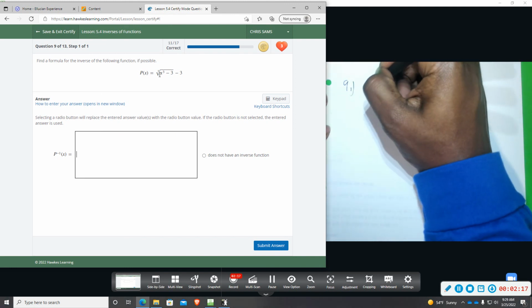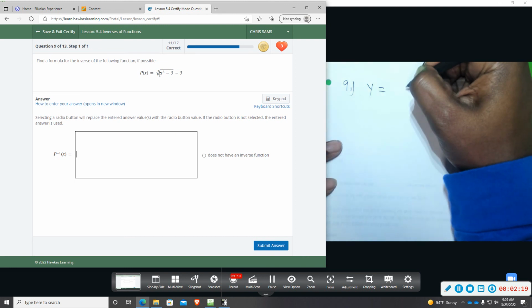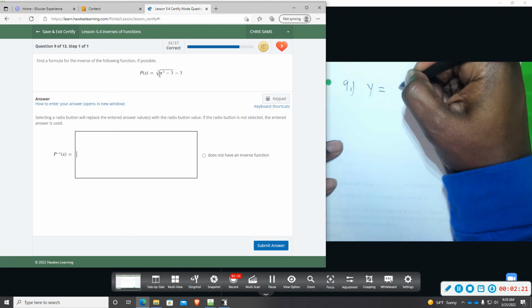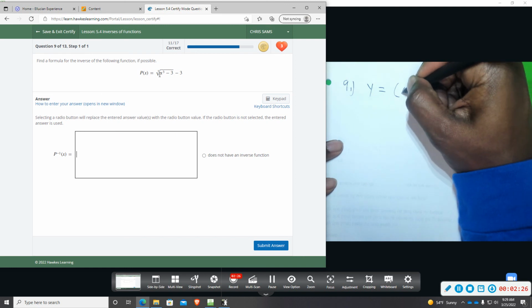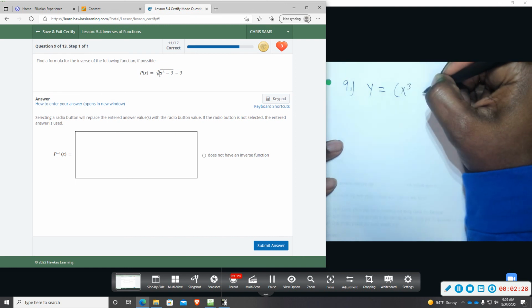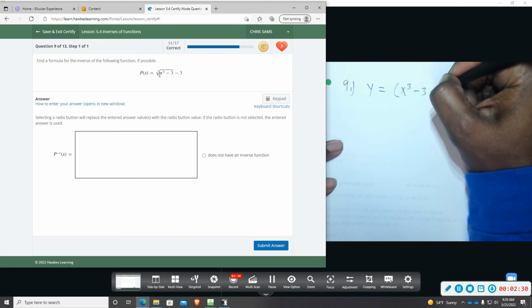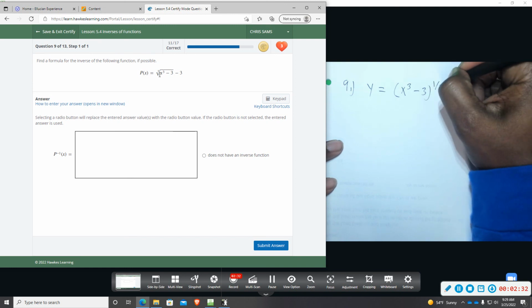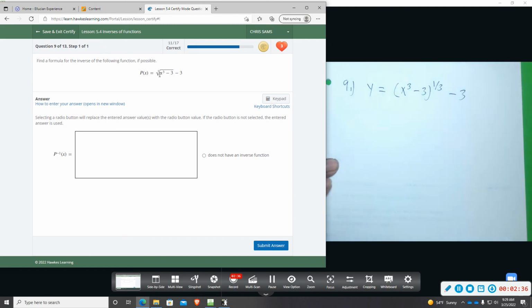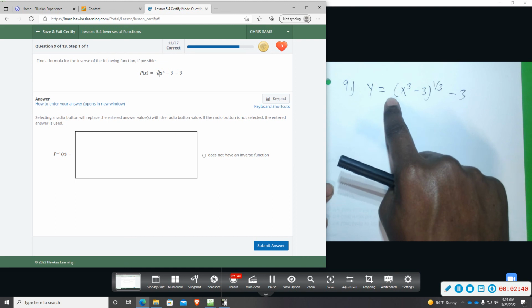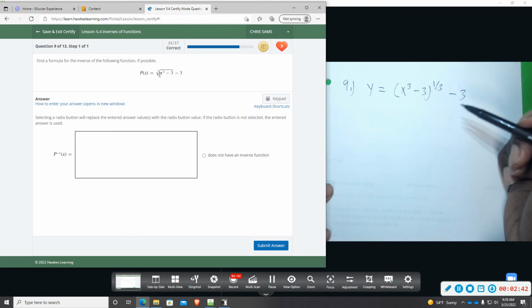I'm going to go ahead and write y equals, and instead of a cube root, I'm going to go ahead and put parentheses, and then x cubed minus 3 to the 1/3 power, because there was a 3 out there, minus 3. But it's the same concept.